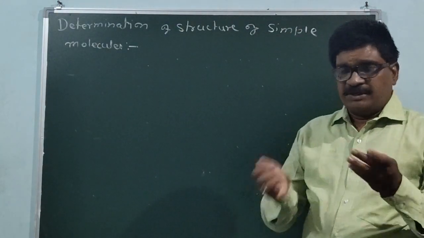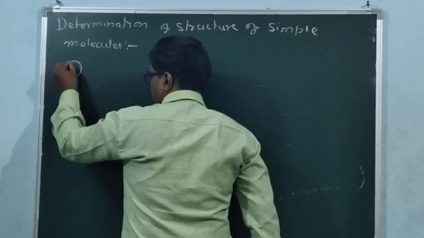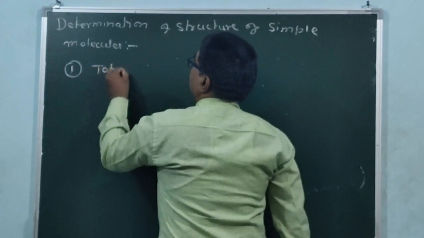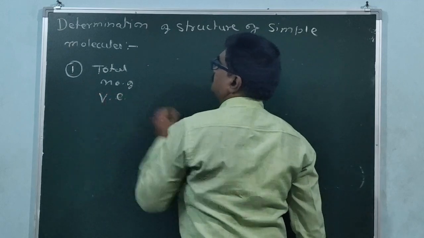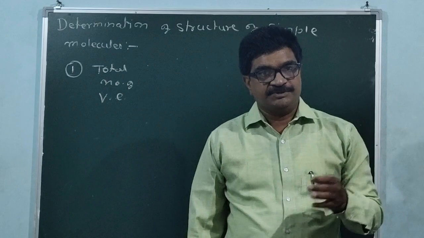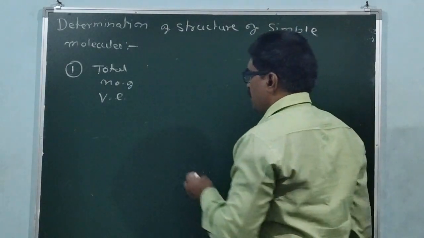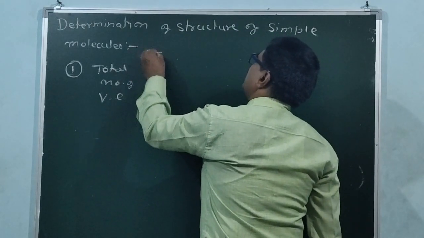In this step, what we have to do is determine the total number of valence electrons in a molecule contributed by all atoms. For example, let us consider a molecule, PCl5.